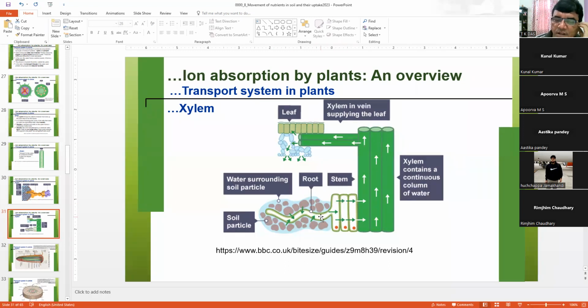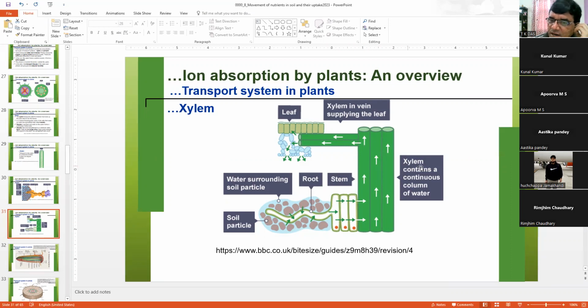In the root, they should reach the xylem. Once they reach the xylem horizontally, in cross section, they start their vertical journey. You can see in the root they are horizontal. They enter the xylem, and once they have entered, they go upward.